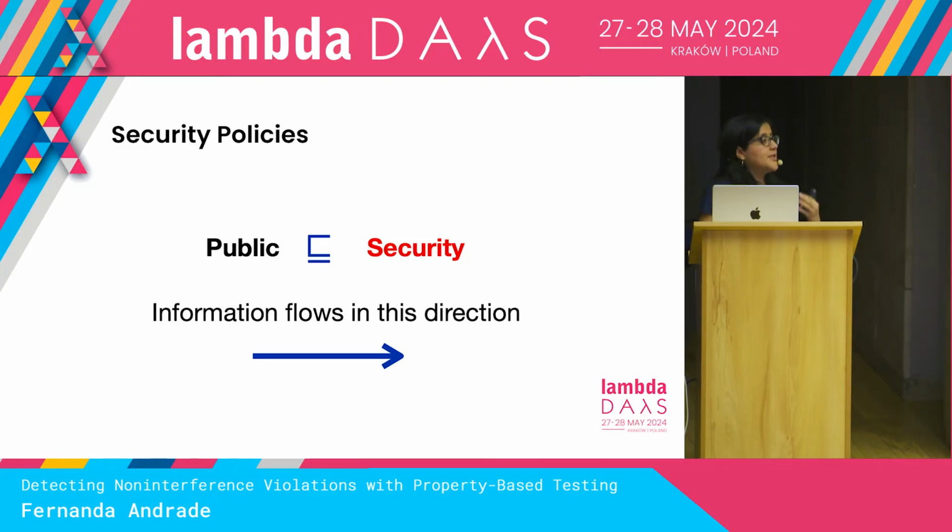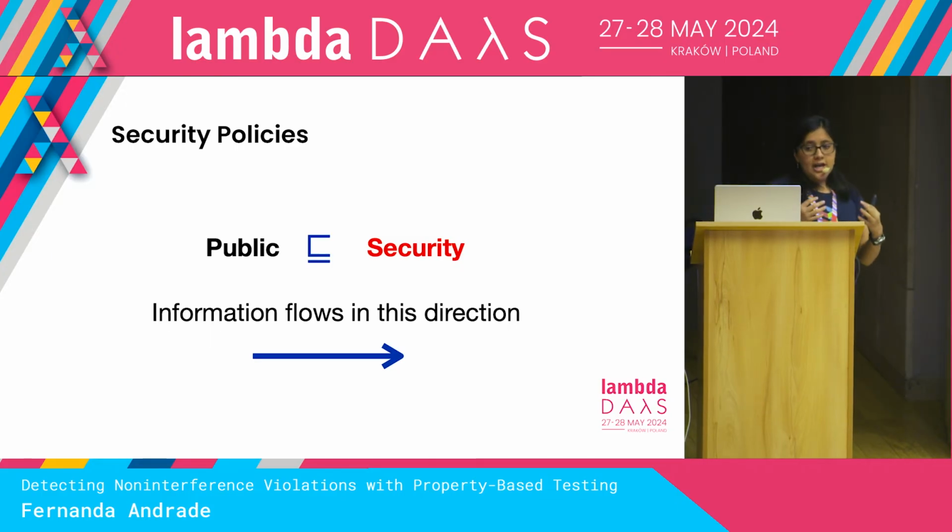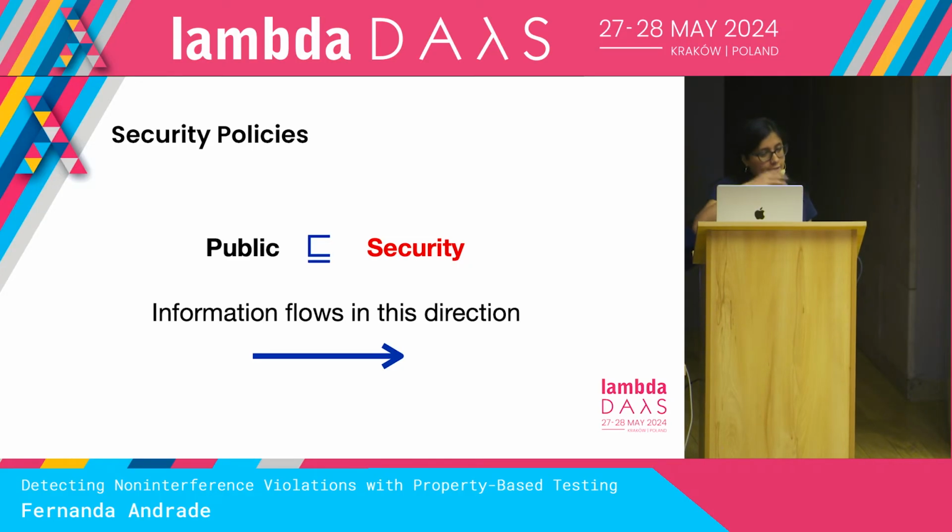The use of this model comes from the 70s. And basically, these security levels are structured as partially ordered sets, where the order relationship specifies how these security levels are related.